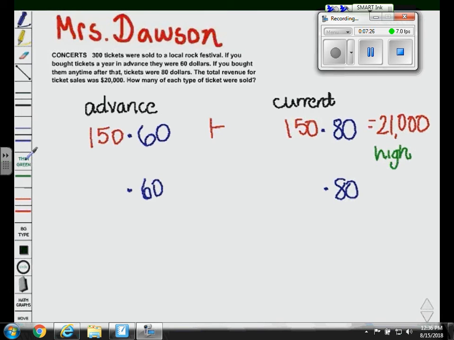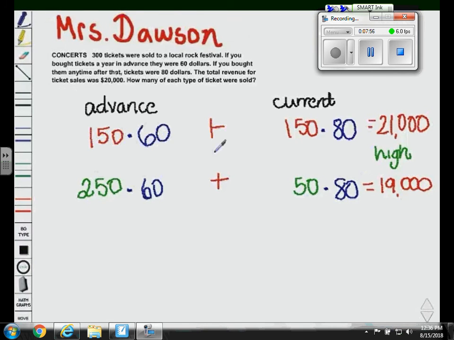This time, let's guess 250 for advance, and 300 total, which means there were 50 left. 250 times 60 plus 50 times 80 gives us 19,000.